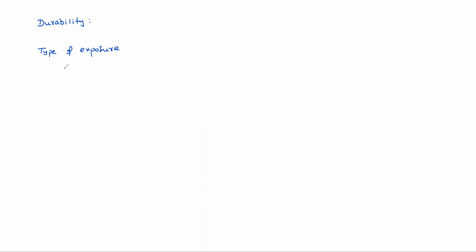You know, 5 types of exposures are there, right? Mild, moderate, severe, very severe, and extreme.